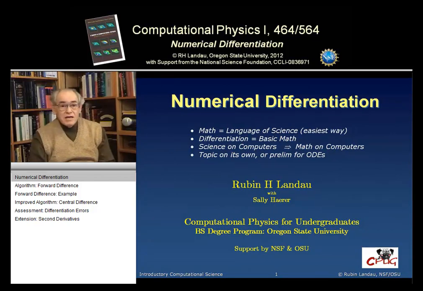Okay? So today we're going to talk about numerical differentiation. You can think of this as a topic in its own right, in which case it's a pretty simple topic, it's pretty obvious, it's very easy, you should be able to go through this very quickly. Or you can think of it as a preliminary to our discussion of differential equations, and particularly ordinary differential equations, these ODEs we have up here.